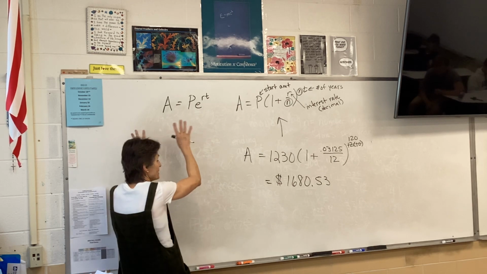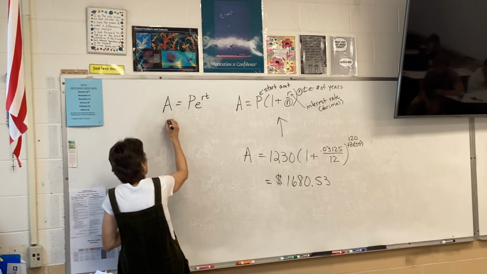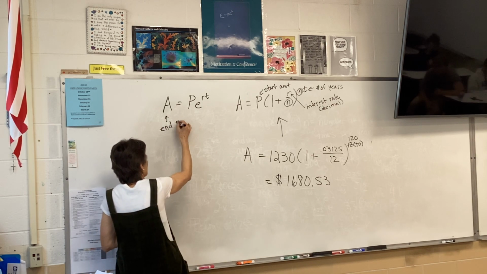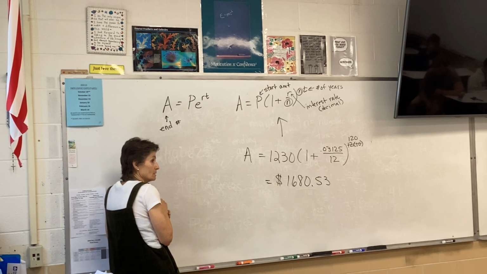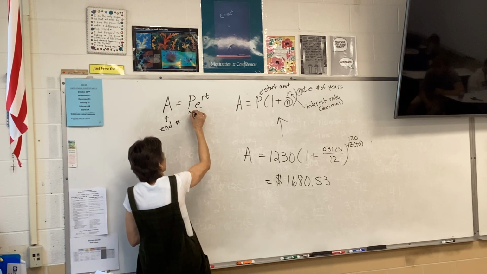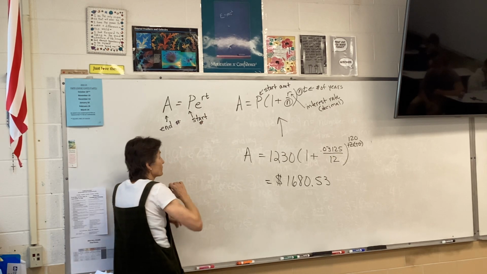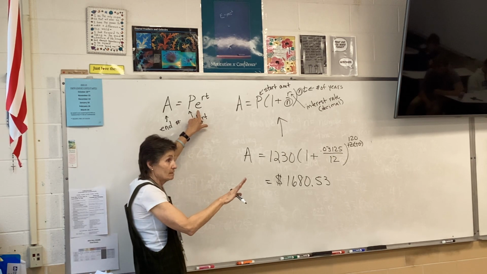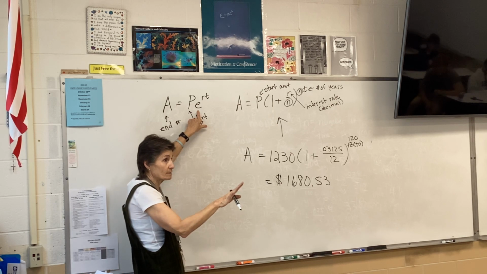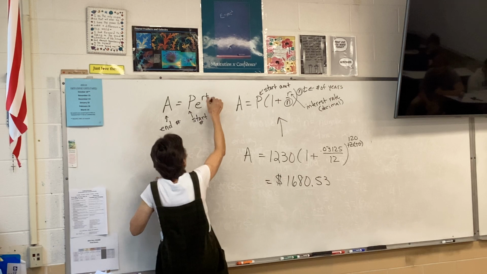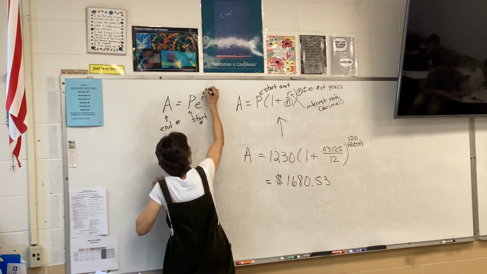Okay, so what do all these things stand for? Well, A stands for the ending number, just like before, it's what you end up with. P is the starting number, what you start with. E is E, Euler's constant, the number E. R is the growth constant.